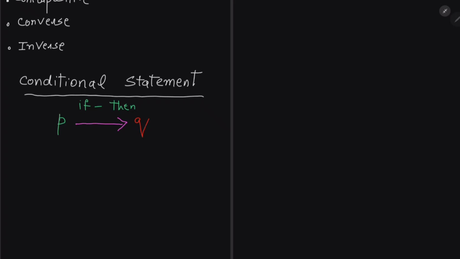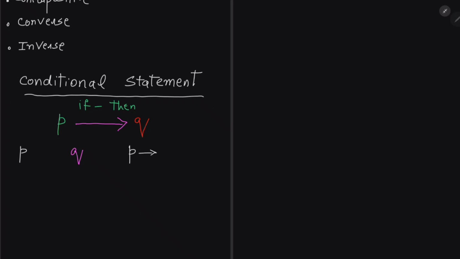So let me just write a truth table for conditional statement. So we need two variables, P, Q, and what we can conclude from these two statements.